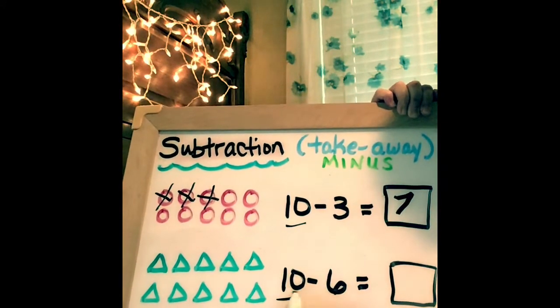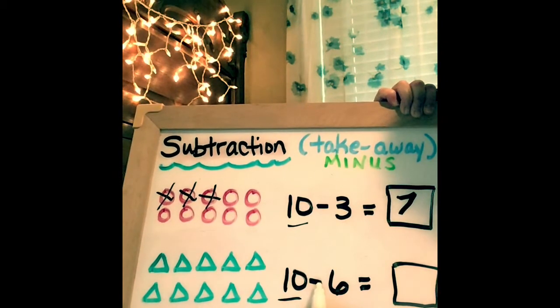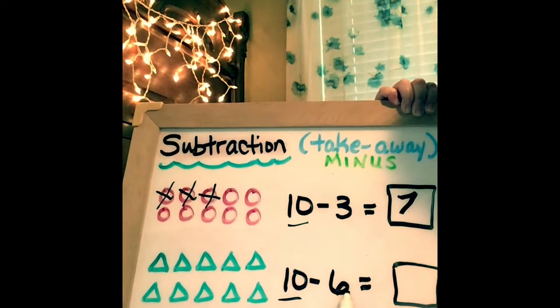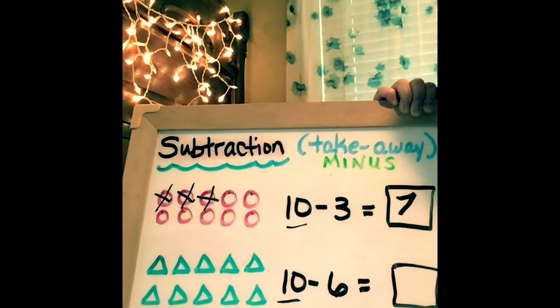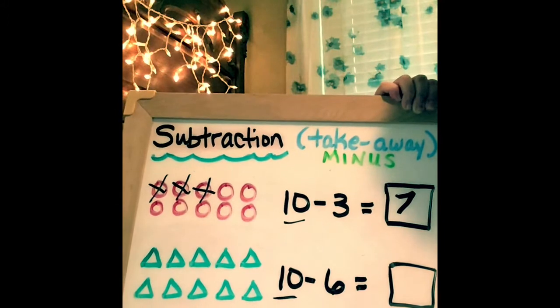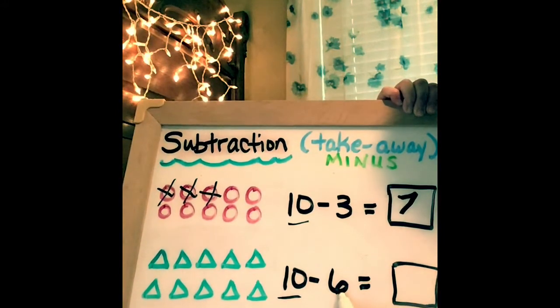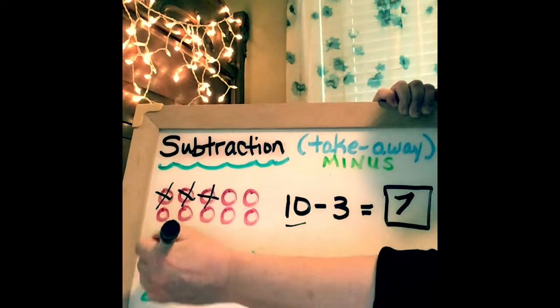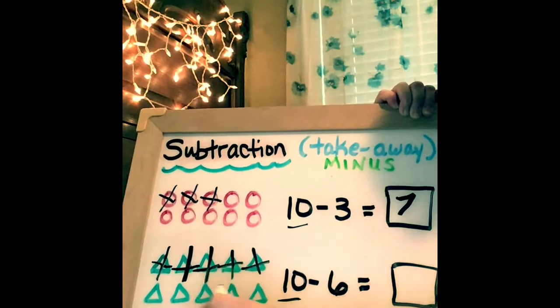Starting out with 10, minus, or take away, 6. So my subtraction problem is 10 minus 6. So how many triangles would I cross out? You guessed it, we're going to cross out 6. 1, 2, 3, 4, 5, and one more.